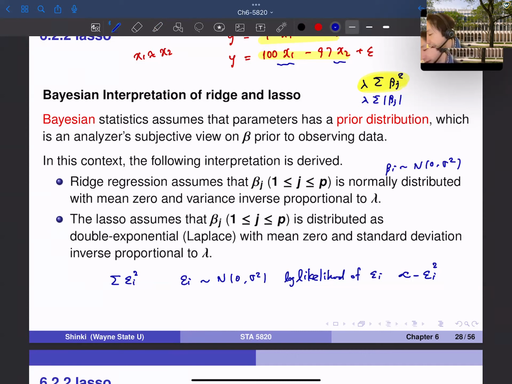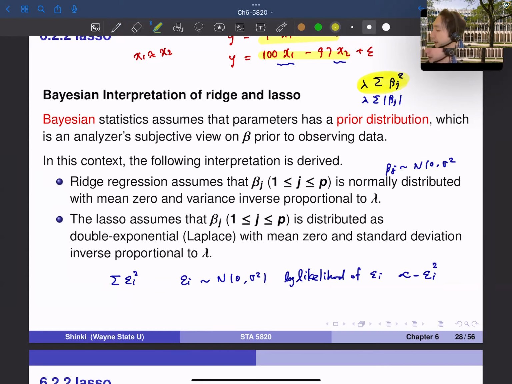The larger the likelihood, the better. So if we take the negative of the log likelihood function, that becomes basically beta j squared. So this ridge penalty can be seen as a penalty on the random variable beta j, and beta j is penalized if its size is large.